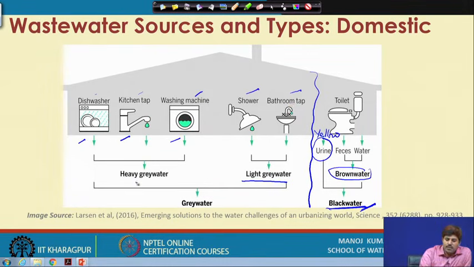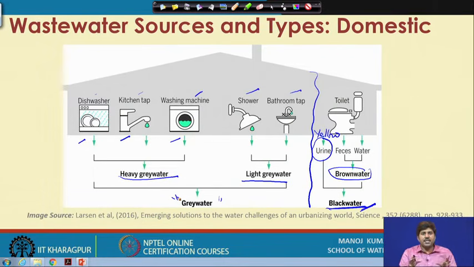That is why this may be referred to as heavy grey water if we are going to that level of fractionation. When we combine this heavy grey water and light grey water, what we get is the total grey water.